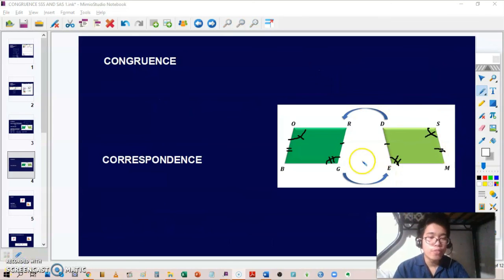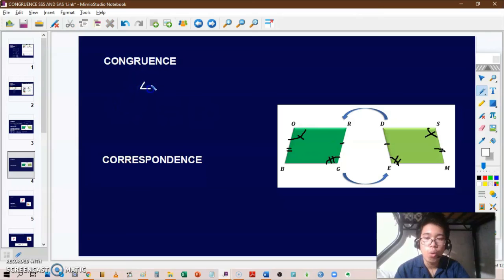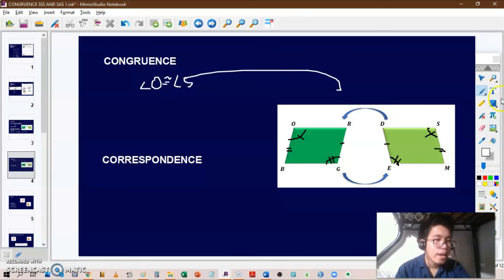For our figure here, we labeled some parts. We can say that angle O is congruent to angle S. How can we say that? Because these two angles right here have these markings. Those markings are one of the symbols that signify that they're the same, or congruent.